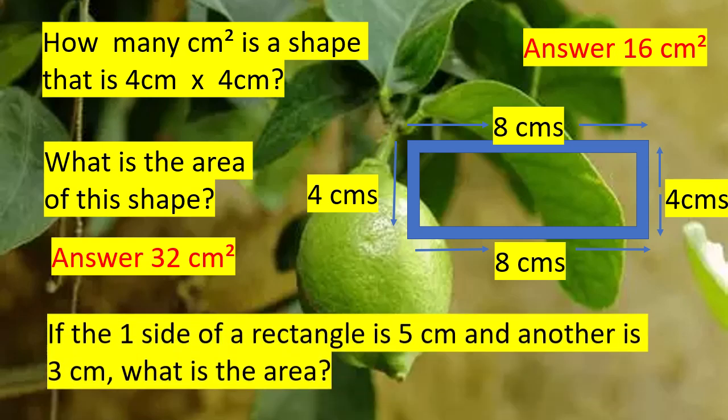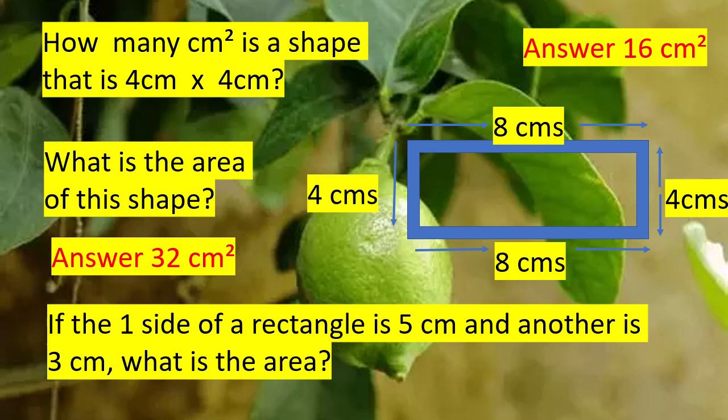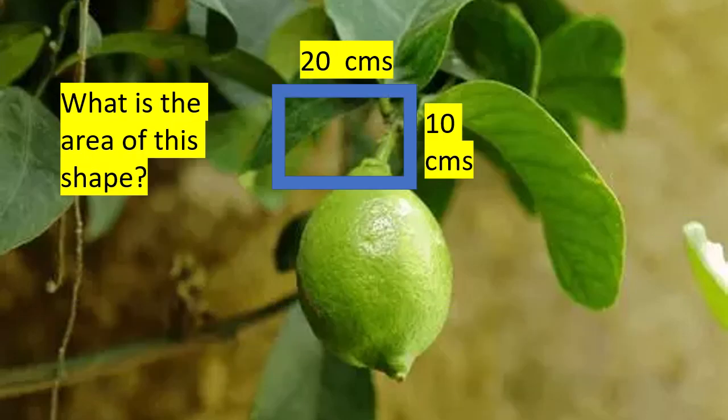And next, if one side of a rectangle is 5 centimeters and another is 3 centimeters, what is the area? And for that one, the answer is 15 square centimeters. What is the area of this shape?